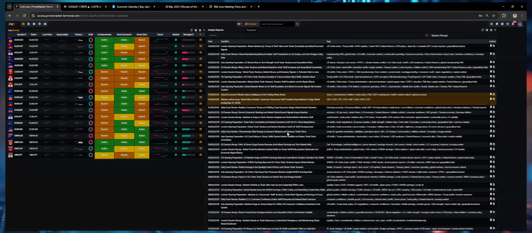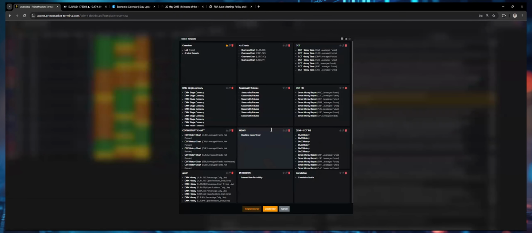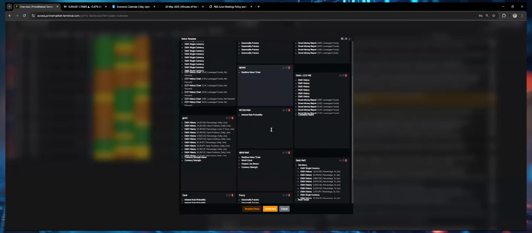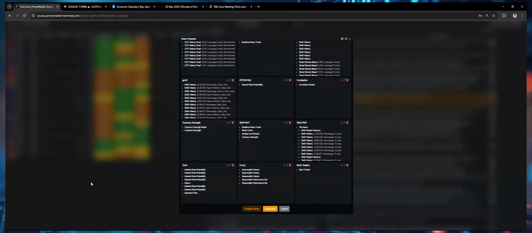So if we look at the currency strength, there you go.